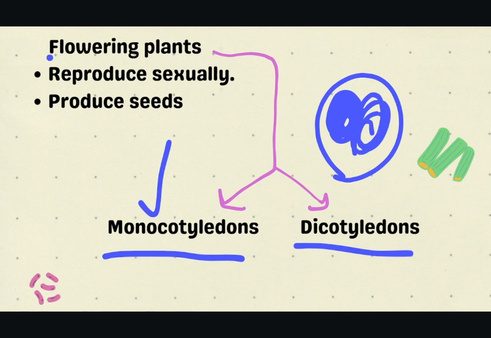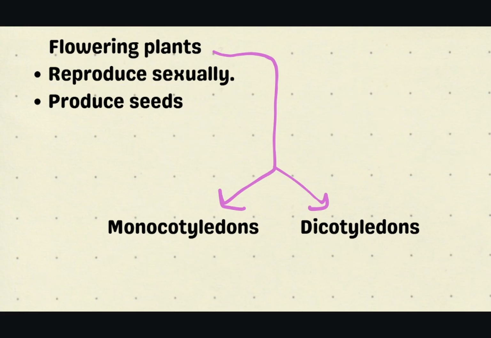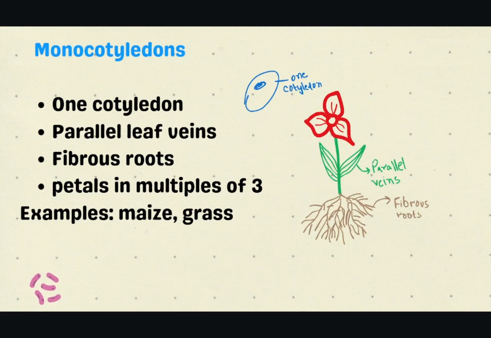And as I already said, if anything has flowers, then they're the reproductive part of the plant. And flowering plants, they reproduce sexually, and their offsprings are actually seeds. All right. So yeah. Now in here you just need to know how a monocotyledon plant actually looks like.